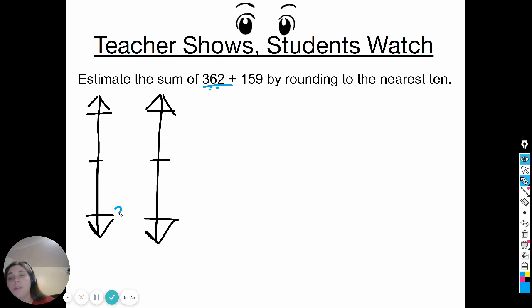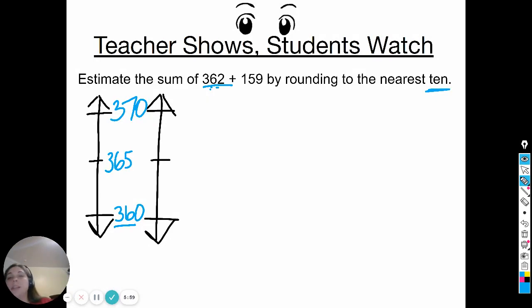So we're going to keep the 3, keep the 6, and put a 0 there at the bottom. Now we need one more 10. Right now we have 36 tens, plus one more 10 is 37 tens. My halfway point, we know, is going to keep my 36 tens, and we'll have a 5 at the end because we're rounding to the nearest 10, and halfway between 0 and 10 is 5. So that's why we end in the 5.